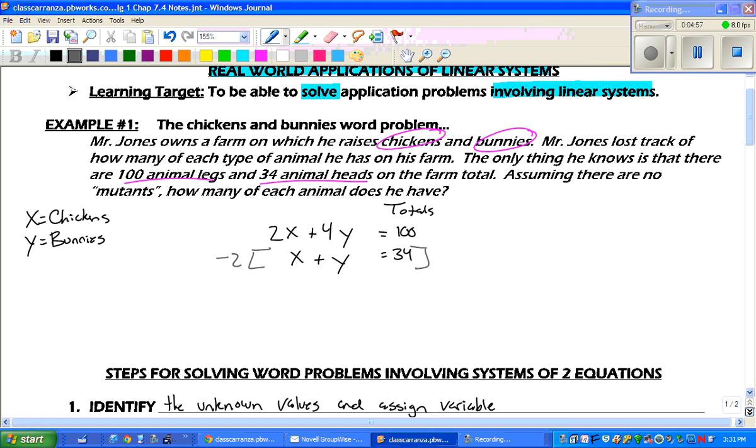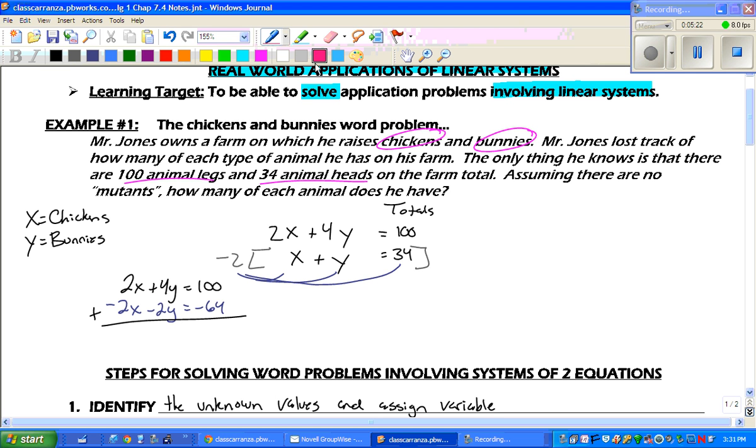I'm going to use elimination, so I'm going to multiply that by -2. Now I'm going to move this over here so my first equation stays the same. And now when you multiply everything, you get negative 2x, negative 2y, negative 64.